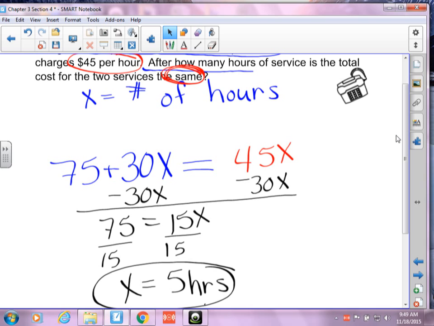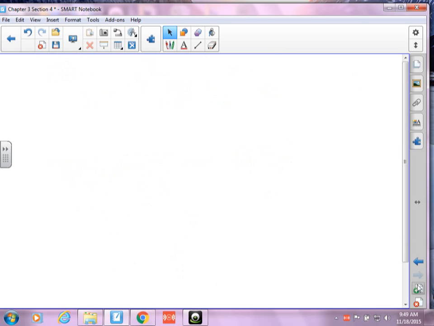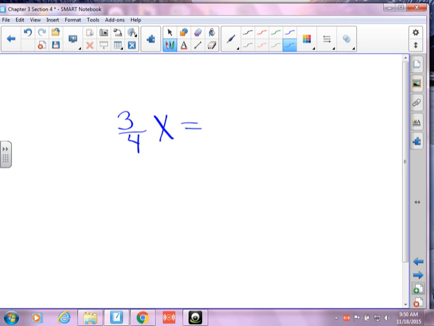All right. One thing that I want to bring to your attention is I had someone bring this up and they were kind of like, Mrs. Medvick, I don't know how to do this. If ever you get to the bottom of your problem and you get, I don't know, 3/4 x equals 27. Okay?